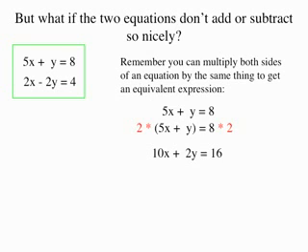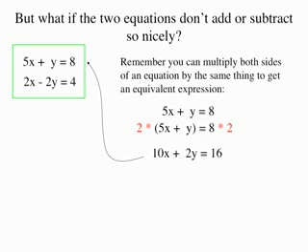The solutions to this equation, in other words, the line that represents all of the xy pairs that make this equation true, are the same as the solutions to 5x plus y equals 8. When we multiply both sides of an equation by the same number, we don't change the solution. So what I've done is I've written the equation of the line 5x plus y equals 8 in another way.